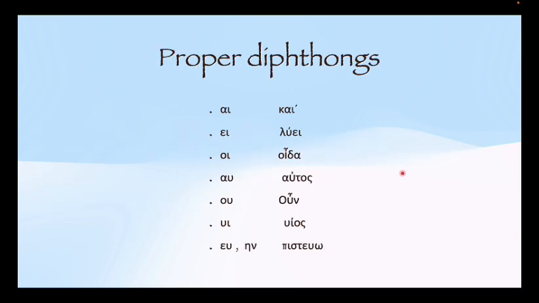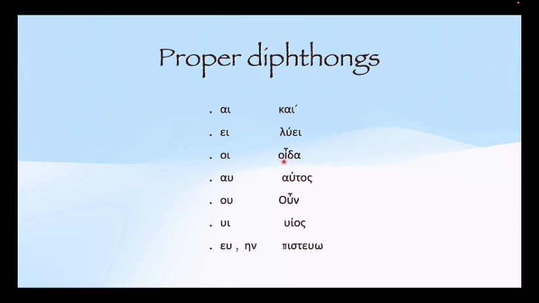Now, these are the proper diphthongs. Whenever you find such a combination of vowels, you recognize them as diphthongs, and you pronounce them as one vowel. For example, you don't say a-i, instead you say ai, like kai, luei, oida, oi.